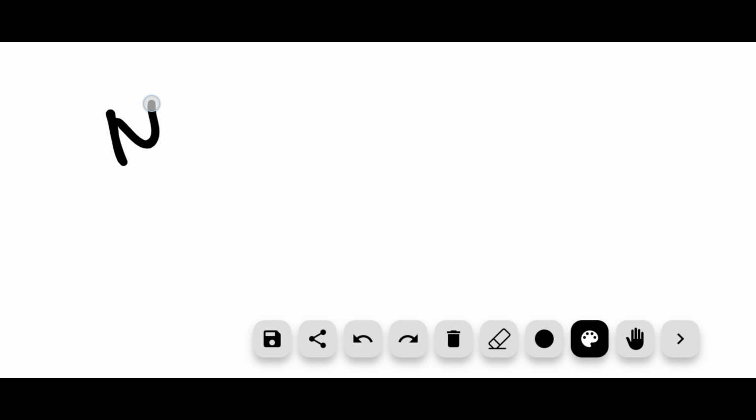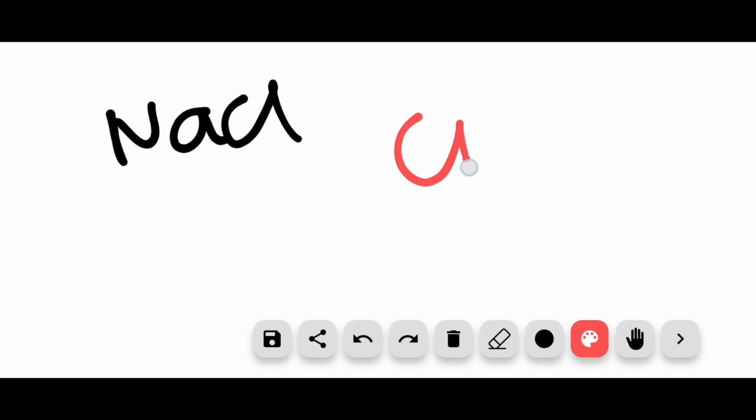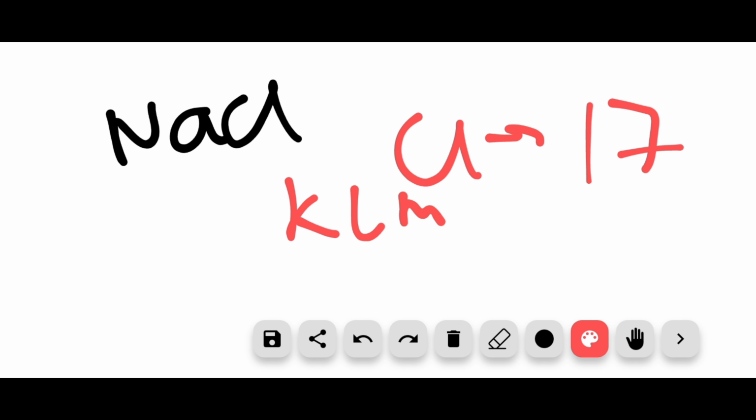So now we can see the NaCl. Here we can see the chlorine part. So the chlorine, Cl, its atomic number is 17. So its configuration K, L, M is 2, 8 and 7.